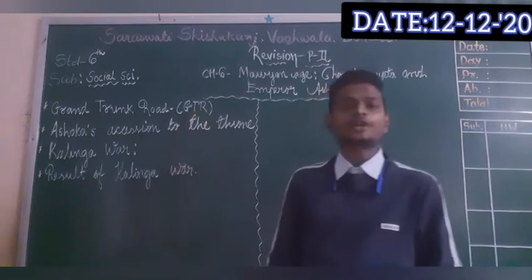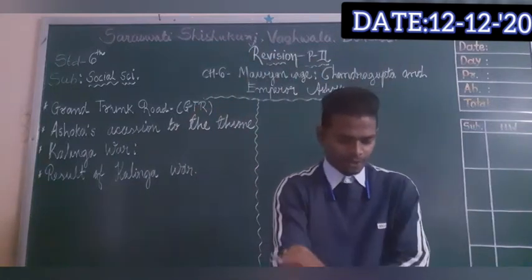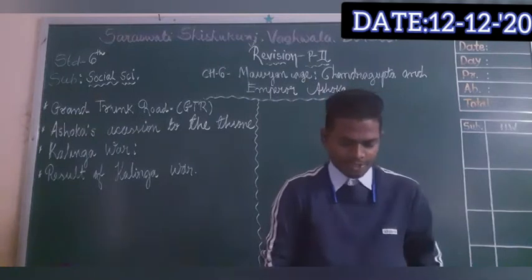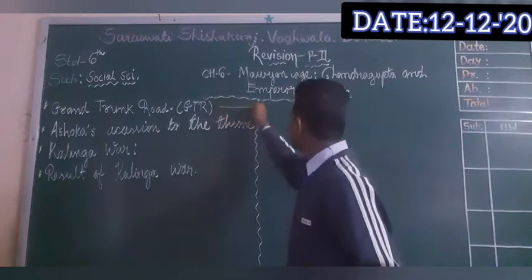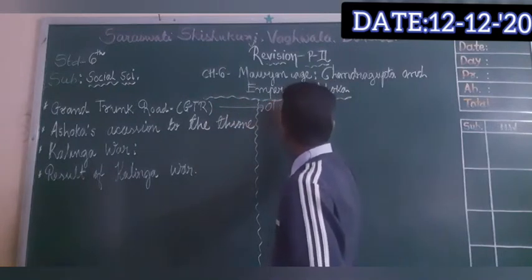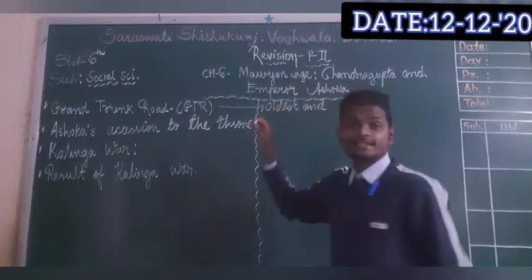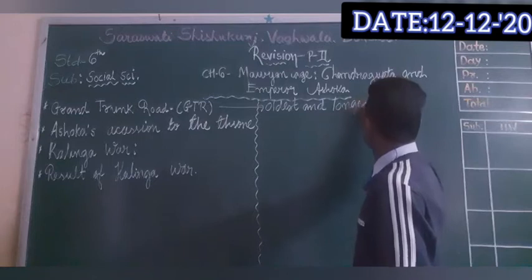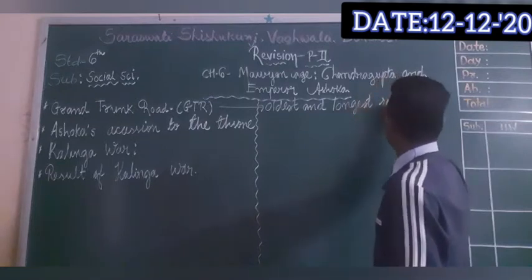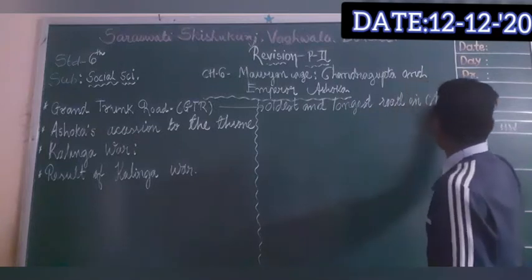GTR, Grand Trunk Road. What is that? Grand Trunk Road is the oldest and longest road in the Asian continent.